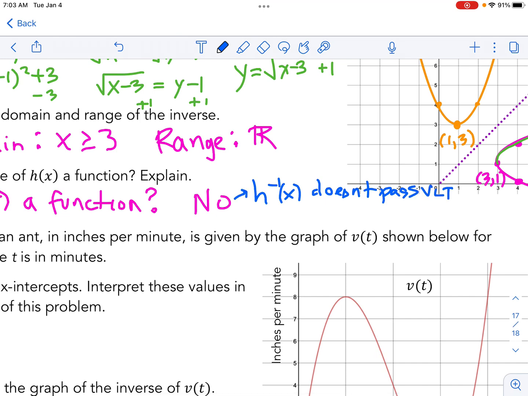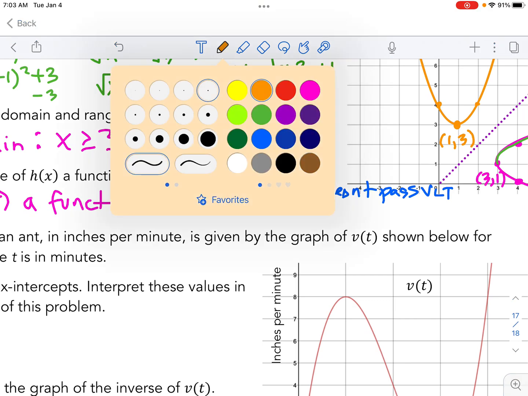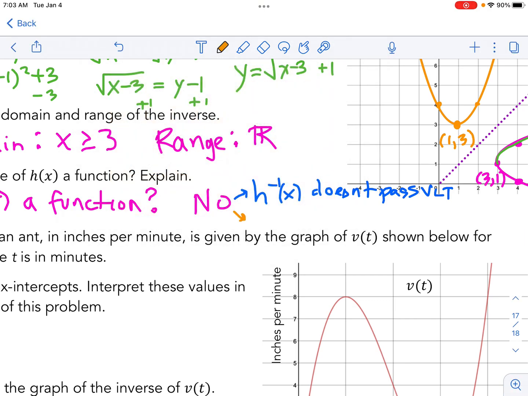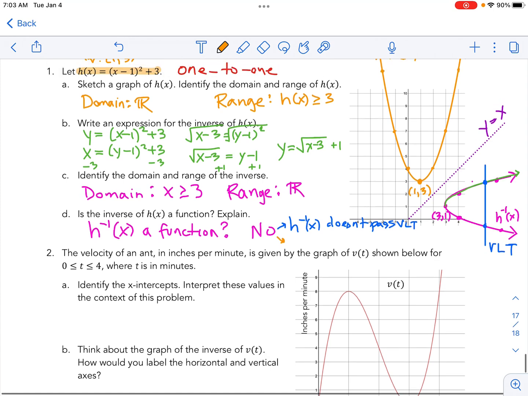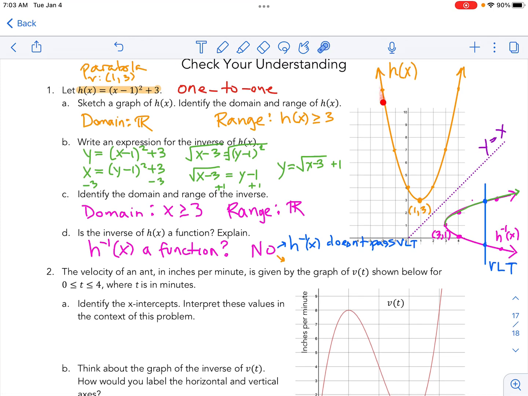That's one way of justifying it, but there's another way to justify it without even graphing the inverse. Okay, I should be able to look at this and say whether or not it's 1 to 1. Okay, that means, you know, this is another way of saying, is it 1 to 1?